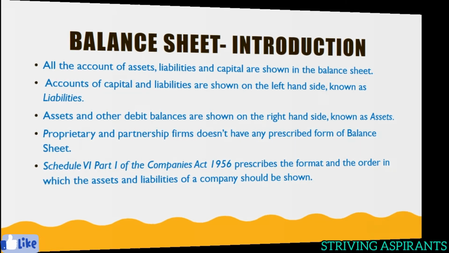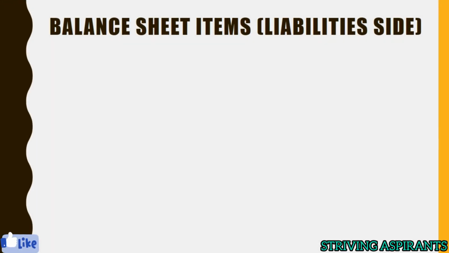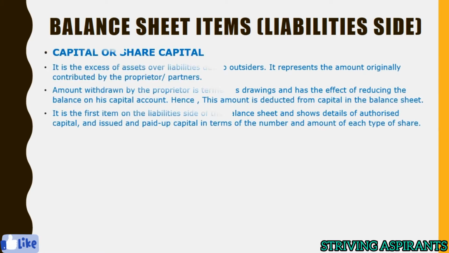Now let us check the items coming under the liability side of the balance sheet. First one is capital or share capital. As we know, it is the amount contributed by the proprietor or partners when they start their business.